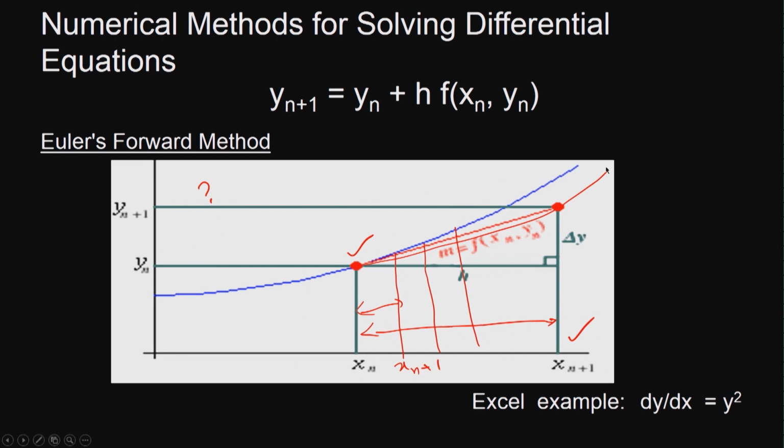So the step length makes a lot of difference to the error in estimation of y(n plus 1). For example, let us look at dy by dx is equal to y square. I want to calculate at the next time point and so on. So this can be done.